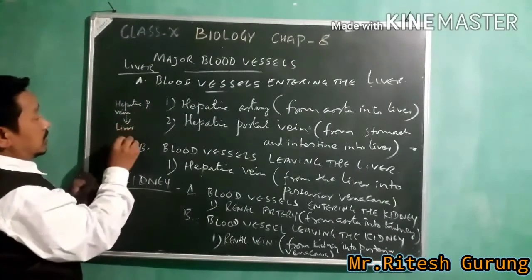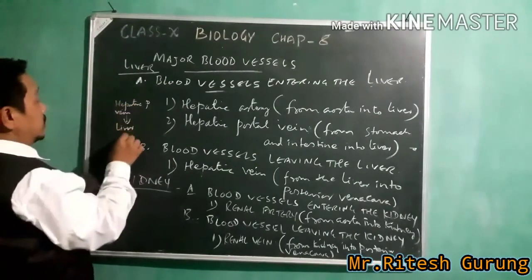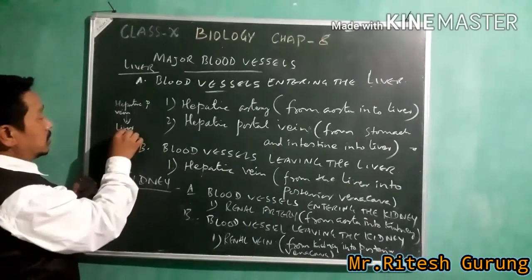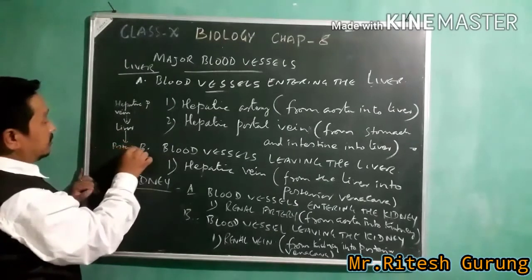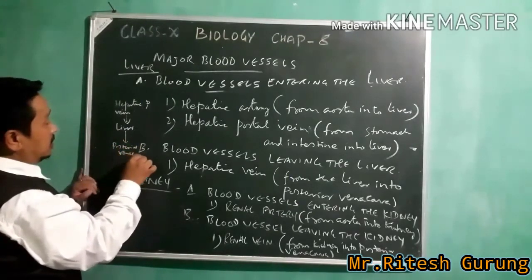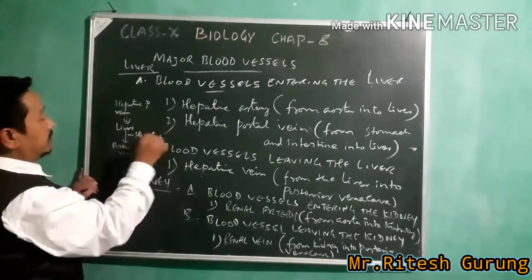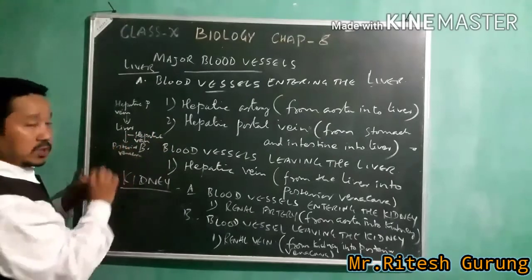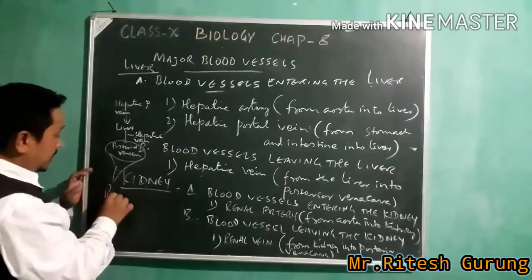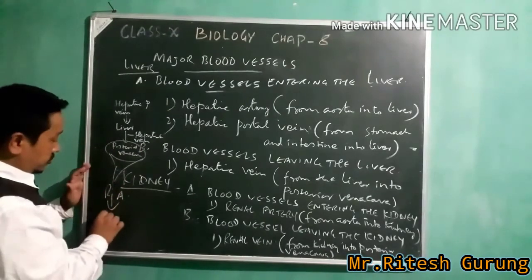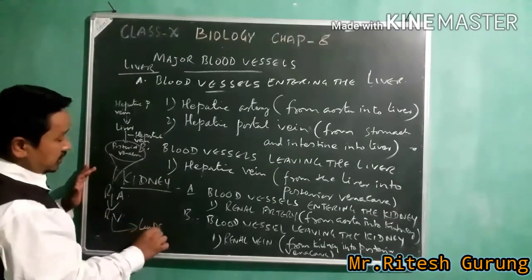From the liver it will go to the posterior vena cava by the hepatic vein. Then the posterior vena cava will carry it to the right auricle, from right auricle to right ventricle, and from right ventricle to the lungs for purification.